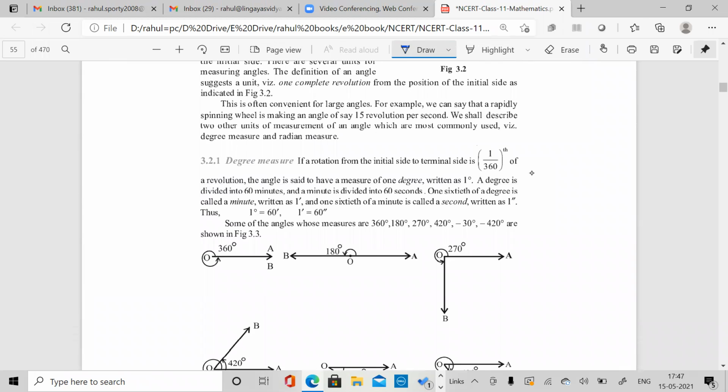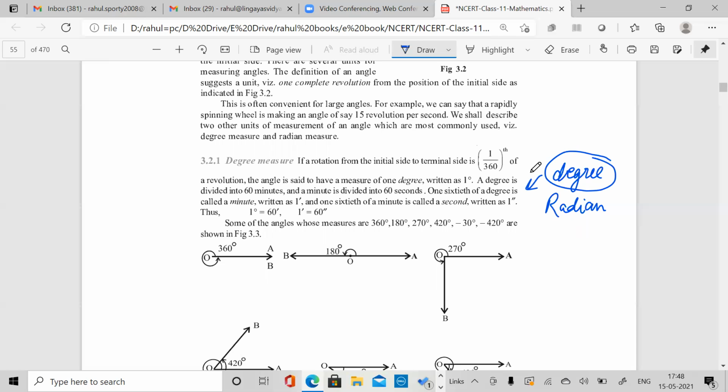We have two units of the angle. One is degree and another one is radian. If we talk about degree, what is the smallest unit of the angle?